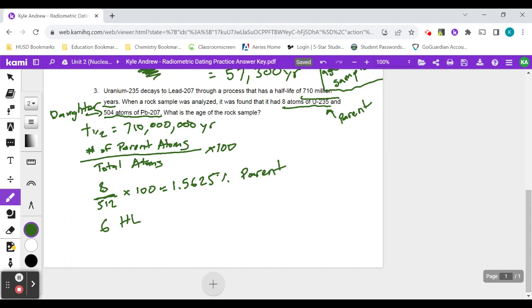Okay. So all we have to do now is take the age of the half-life times the number of half-lives, and that'll give us the age of the rock.